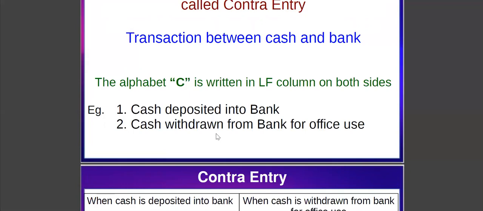Now, cash withdrawn from bank for office use. What's the journal entry? Cash account debit to bank account. Here, cash inflow, so cash account increases and bank account will decrease.